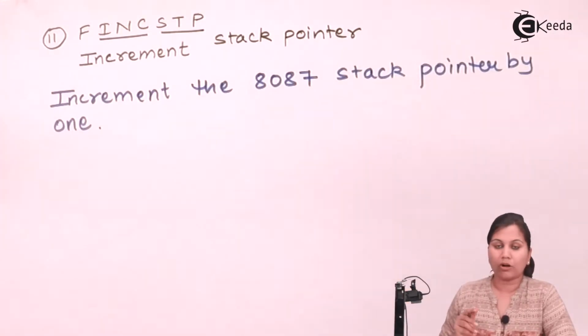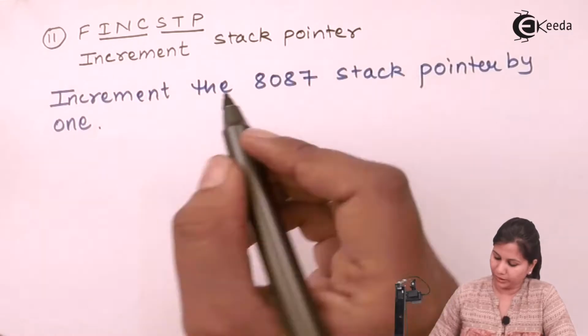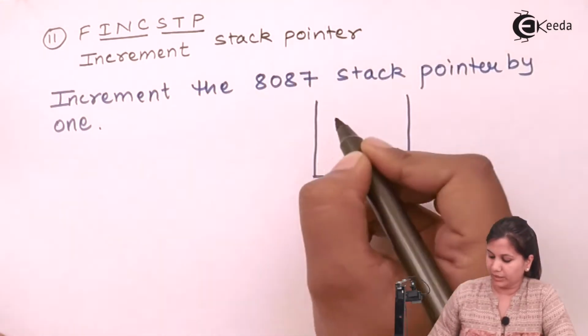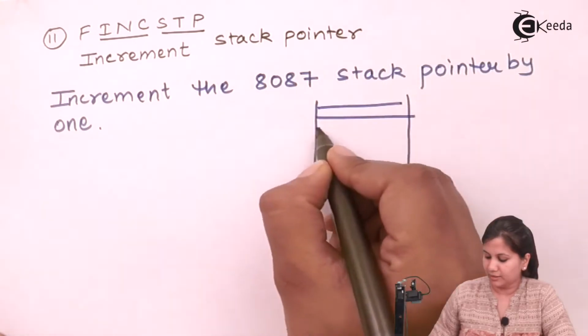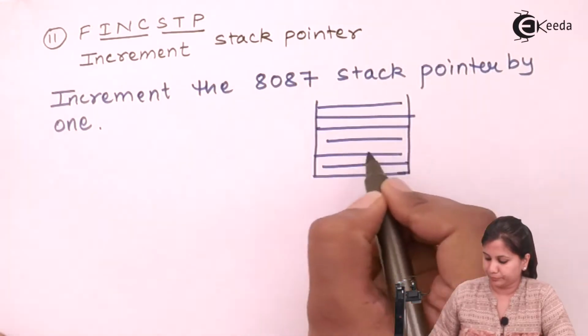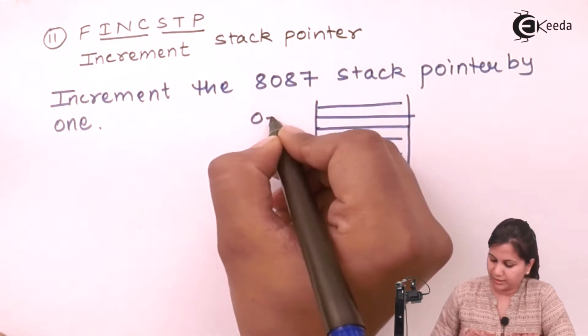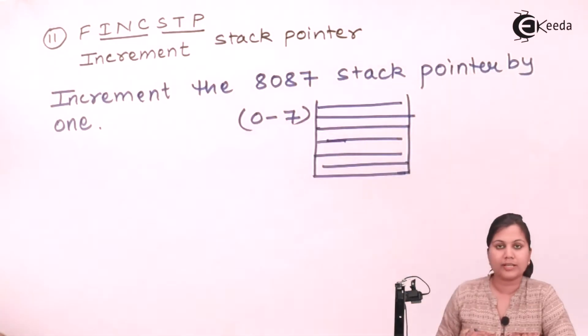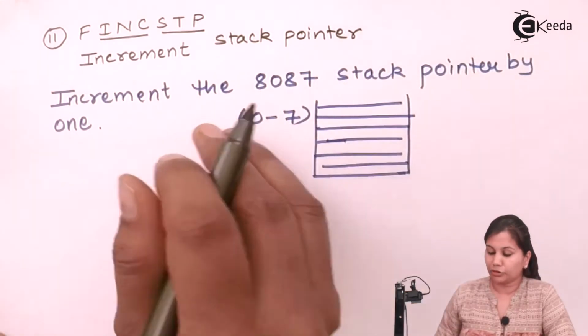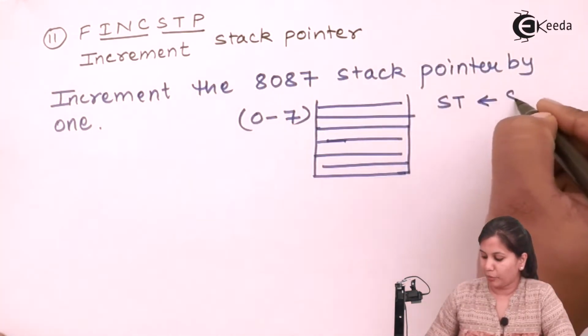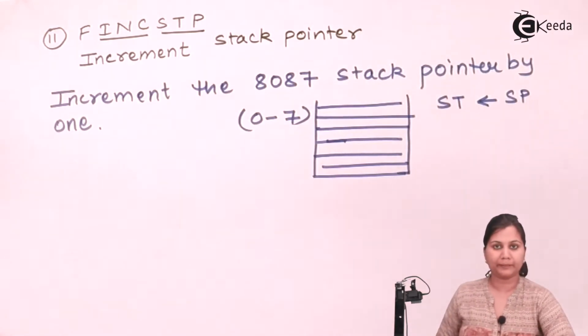The stack pointer is always pointing towards the top of the stack. As I said, the stack of the 8087 has 8 registers, and these 8 registers are labeled from 0 to 7, and the top of the stack, that is ST, is pointed out by the stack pointer.